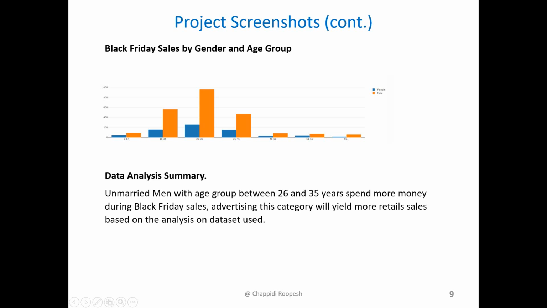The summary I was able to get out of this is that it's very evident that the age group between 26 to 35 spends more money during Black Friday sales. With this analysis, most advertising companies will yield more retail sales based on the data set we used.